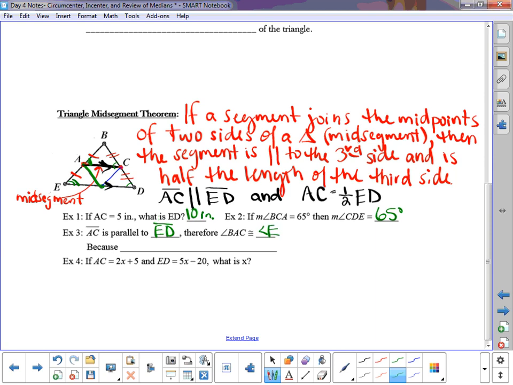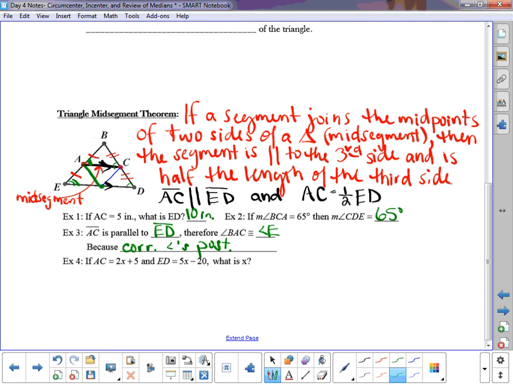Because, and we already talked about this, corresponding angles postulate. Good. Questions so far? Notes review, it's pretty basic. Trying to warm up your brain since it's been a while.